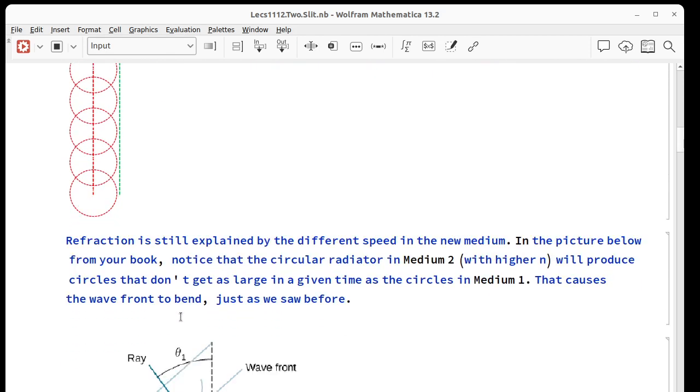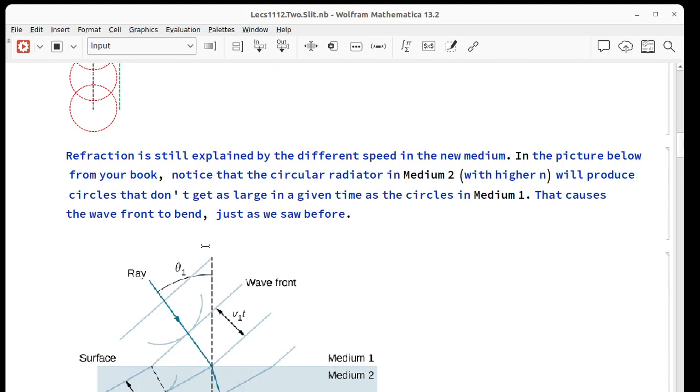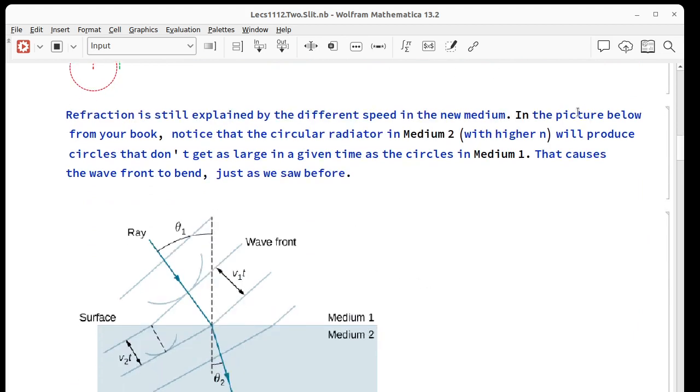If we look at how this explains refraction, we use the fact that the speed is different in the new medium, and that means circles that don't get as large in the same time. So they're smaller radius. We start off with this light ray, so that's like the laser pointer. The wave front is what we would imagine perpendicular to that ray.